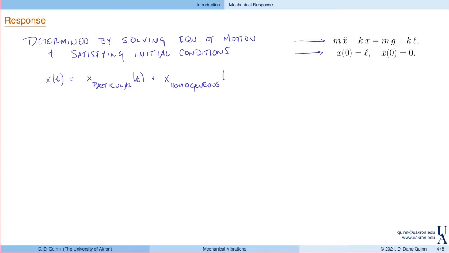If you've had a course in differential equations, which at this point you probably have, you'll recognize this. The particular solution deals with the forcing. So we're basically going to try to take care of this right-hand side by some solution. And then once we have that, we'll finally deal with the initial conditions through the homogeneous solution.